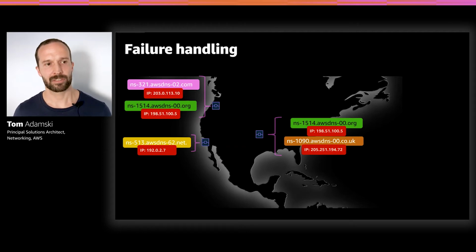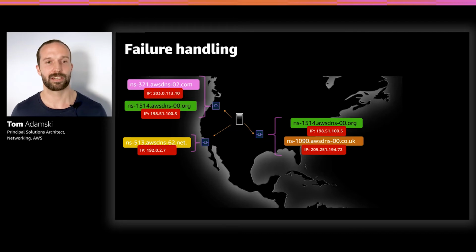If we have a name server that's trying to resolve example.com and gets directed to those locations, it would pick the one that's usually responding the fastest. So maybe it's the top left corner, maybe it's the .com IP address ending with .10 that's responding the fastest.